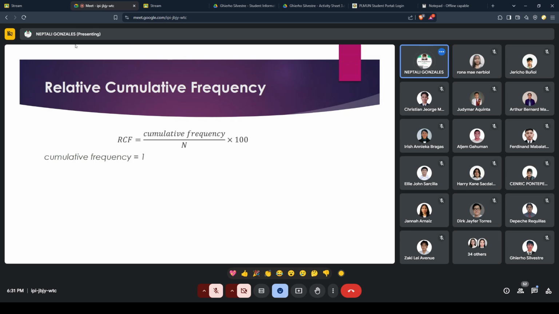So just in the less than cumulative frequency, the first item there is 1, and we have the same number of observations, which is equal to 60. And by computation, RCF is equal to 1 divided by 60 times 100, it is equal to 2%.